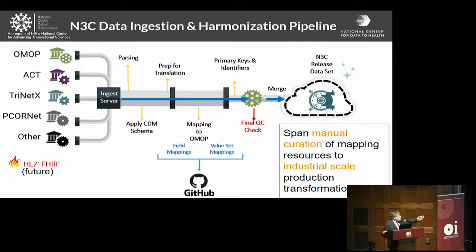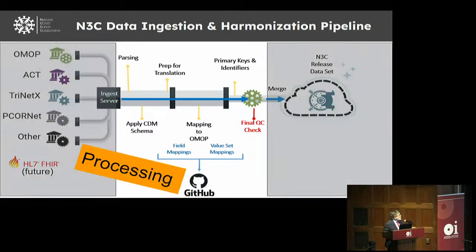And that's what we're using for our industrial scale operation, so that we're getting new payloads of data from contributing sites every week across 65 plus sites. That turns out to be a lot of transformation, at least by our little standards, of doing essentially 10 billion row transforms each week.